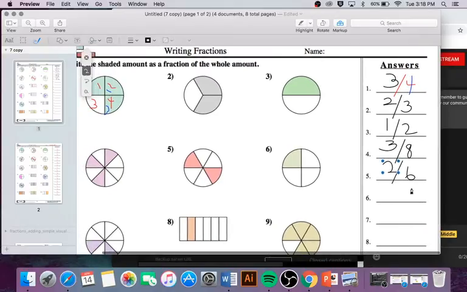Now if we look at this fraction, 2/6 is not in simplest or lowest terms, I'm sorry. So 2/6 simplified.